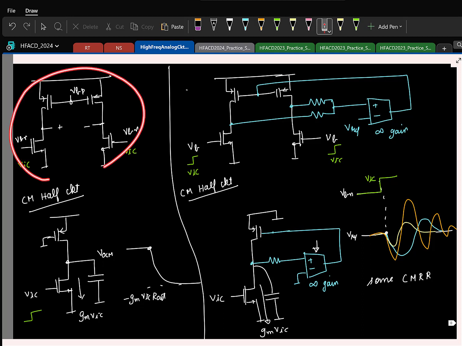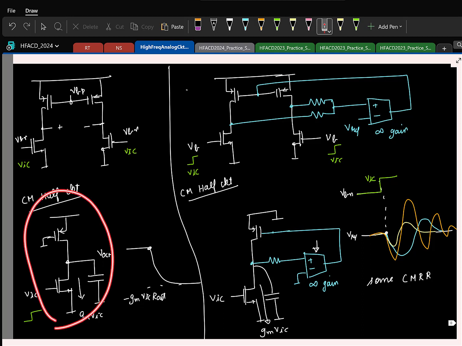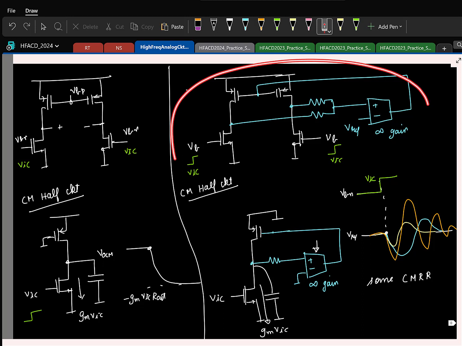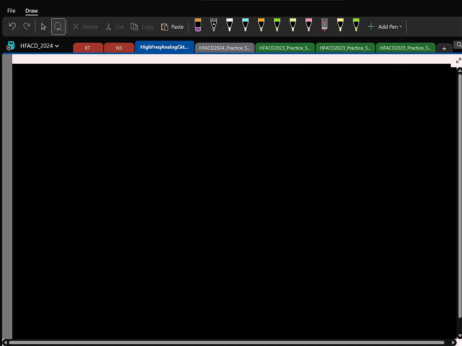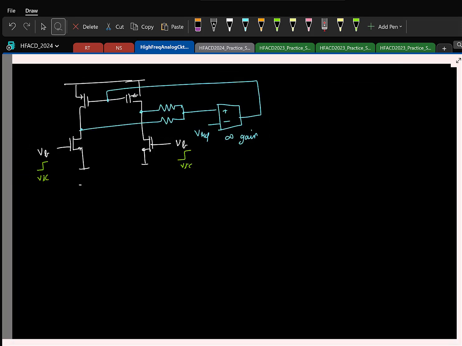So in this pseudo differential case itself, when I didn't have the CMFB, if I draw the half circuit for common mode or for the differential mode, it is the same. That is why it was responding the same way for both common mode and differential mode signals. So now here in the pseudo differential case, when I have a CMFB, let's quickly see how the two half circuits will be.